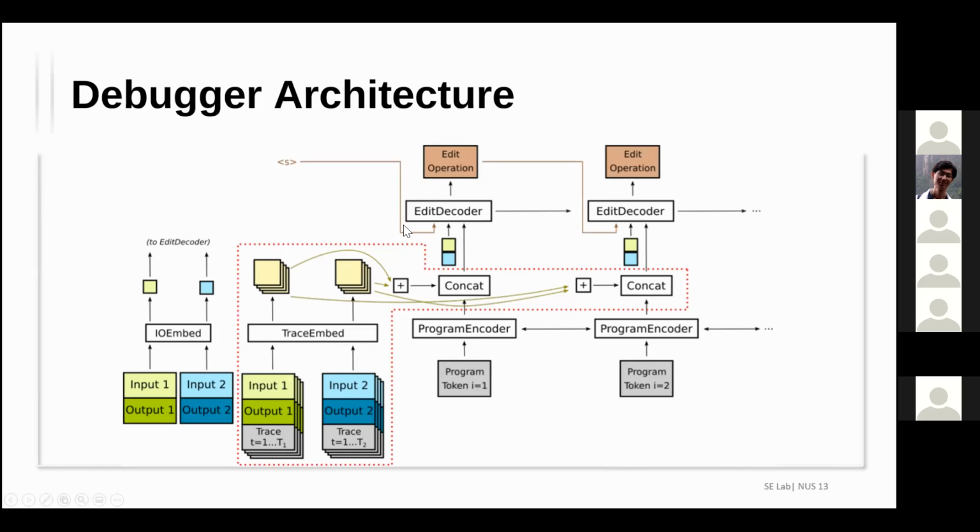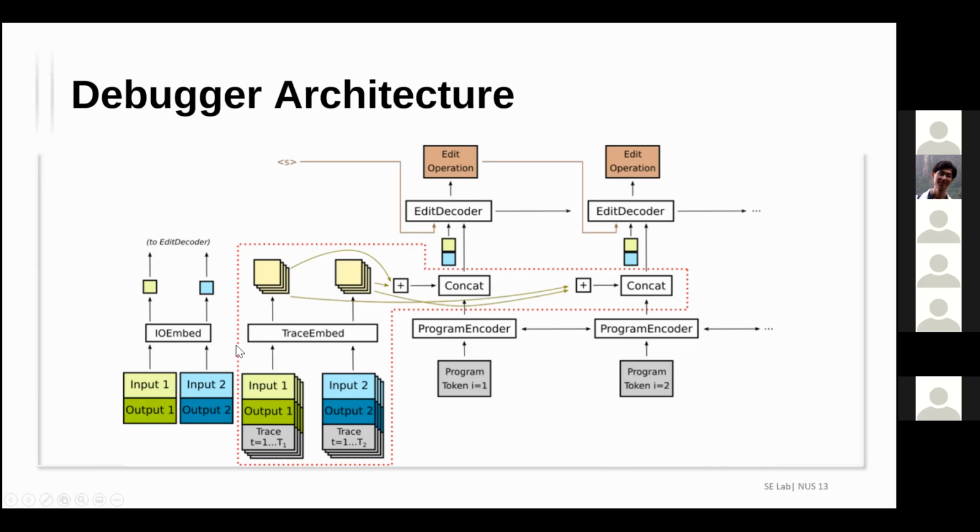Then the edit decoder just tells the program whether to insert a new line or delete a line or stuff like that. The key part is the trace embed part, which combines the execution trace of the program along with the input and output, and that will be passed into the edit decoder as well.